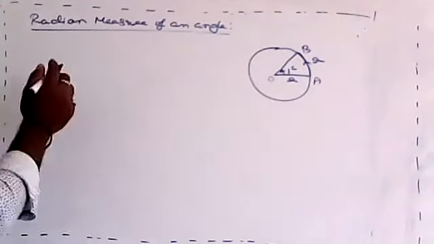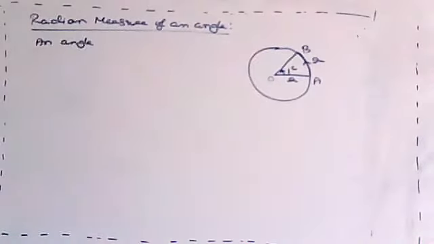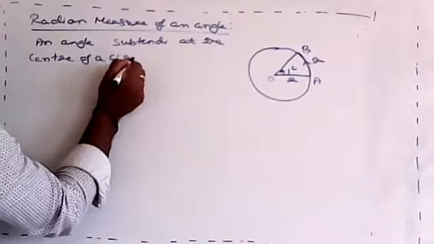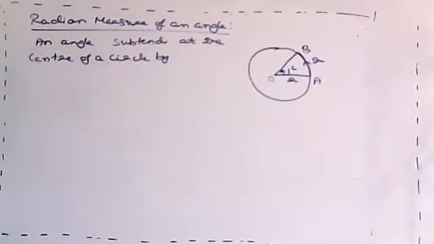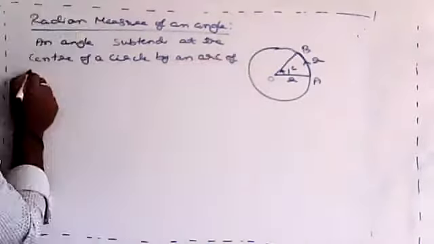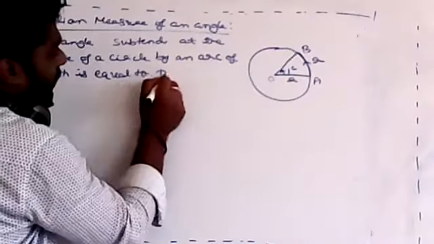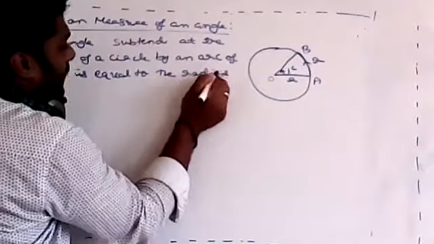Okay. So angle subtended at the center of a circle by an arc of length equal to the radius of the circle.